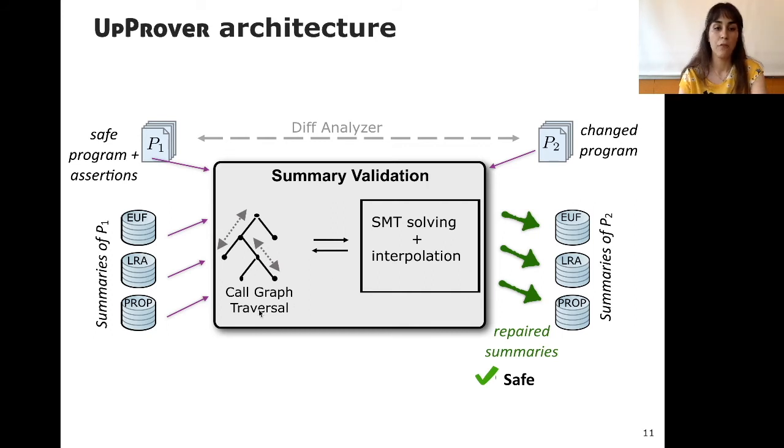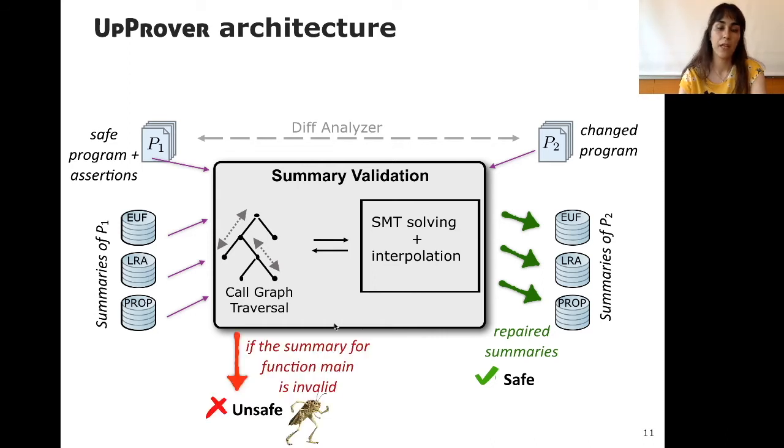If all the changed functions have been validated, the result will be safe, together with repaired summaries. But if we traversed all the changed nodes and reached the main function, then at this stage we report that the new version P2 is unsafe, and the error trace will also be reported.